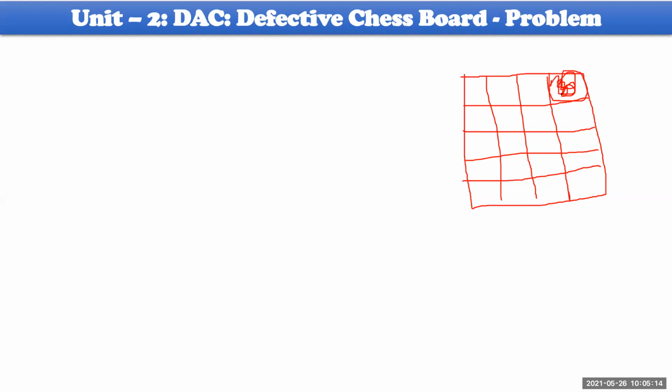It is eliminated from this chessboard. Then you could not place any coin, any chess coin, on that particular place. That is the meaning, and that is why it is called the defective chessboard problem. This defective tile might be anywhere in the chessboard, not exactly in the corner.